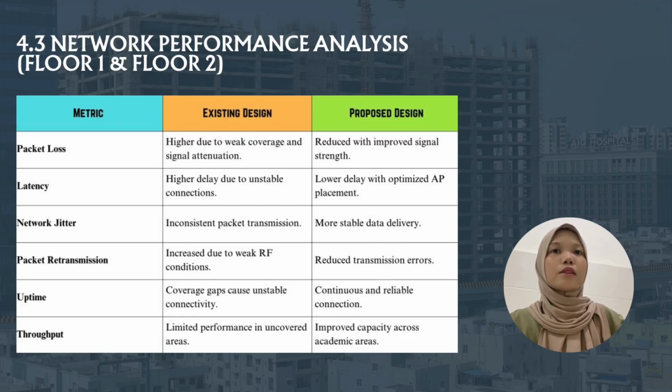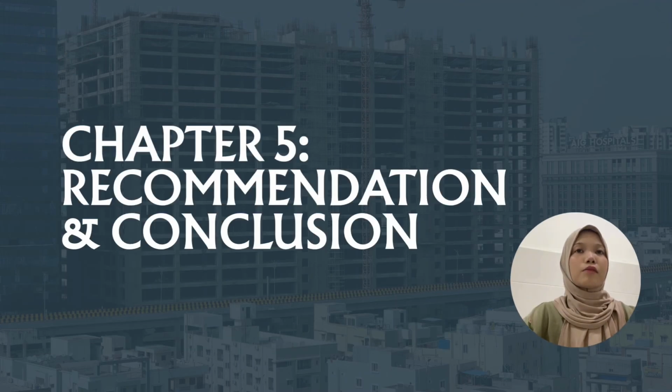Fourth is packet retransmission, increased due to weak RF condition, and we propose reduced transmission error. For uptime, coverage gap causes unstable connectivity, and with proposed design, we provide reliable connection. And fifth is throughput. For throughput, existing design has limited performance in uncovered area, and we propose we can improve capacity across academic area.